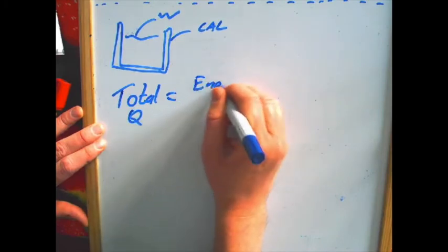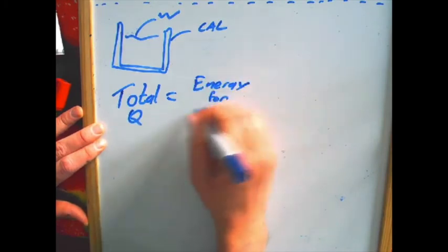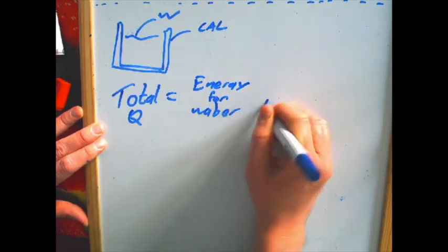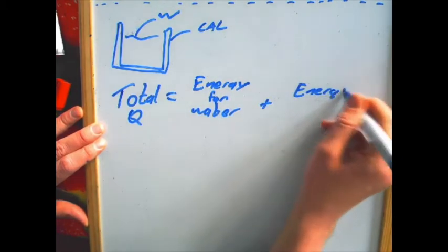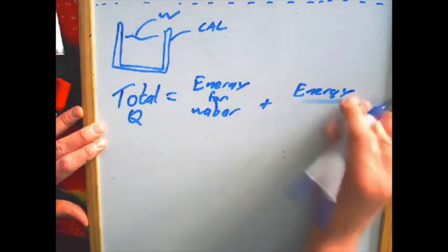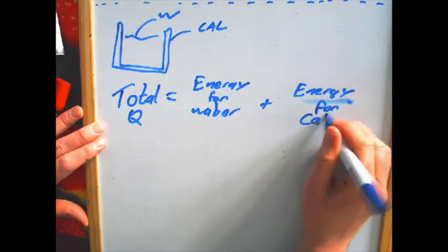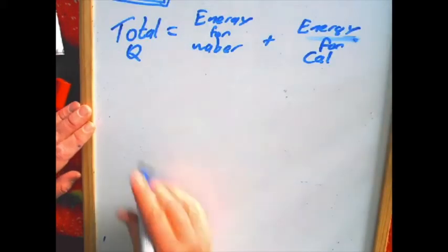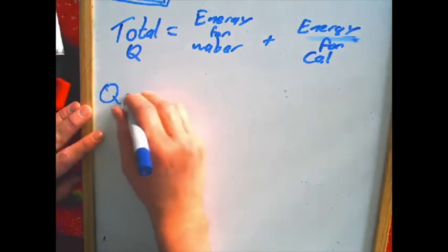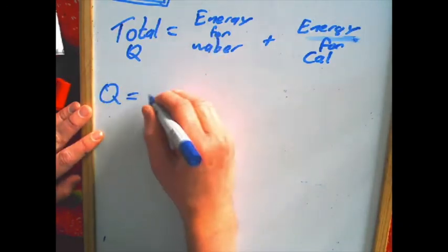So the total energy needed to bring the water and the calorimeter up is equal to the energy needed to heat the water plus the energy needed to heat the calorimeter.